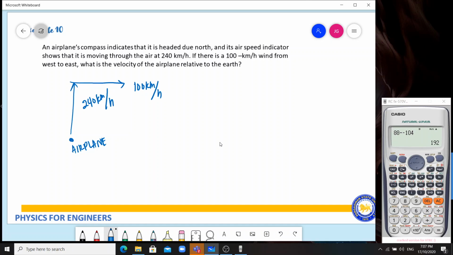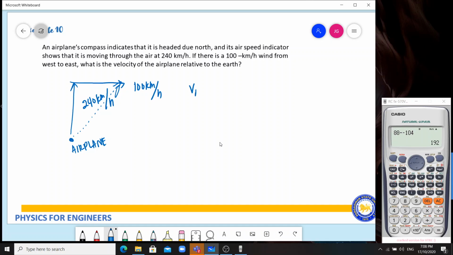So, malamang si airplane, hindi niya madediretso to kasi merong resistance. So, ang mangyari, ang velocity ni airplane pa ganito. Andito na si airplane, okay? What is the velocity of the airplane relative to the earth? Okay?